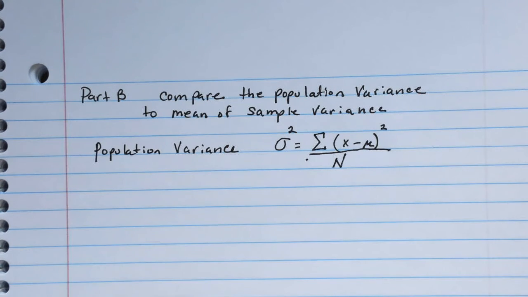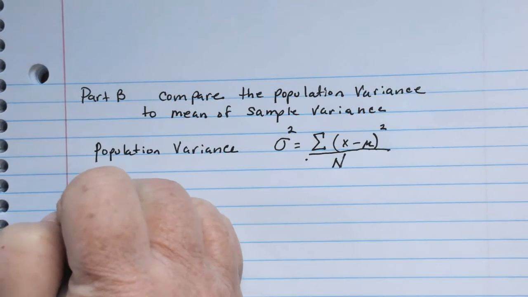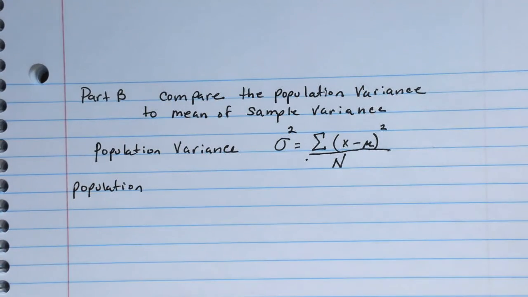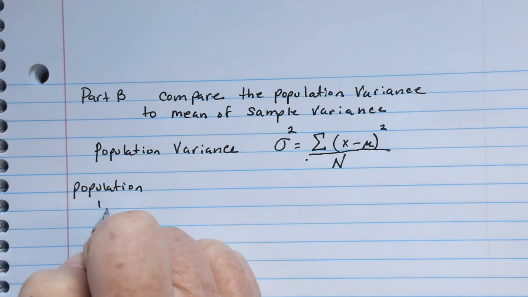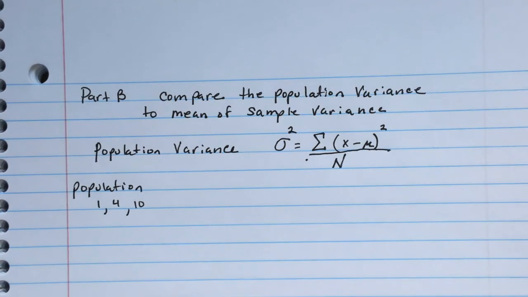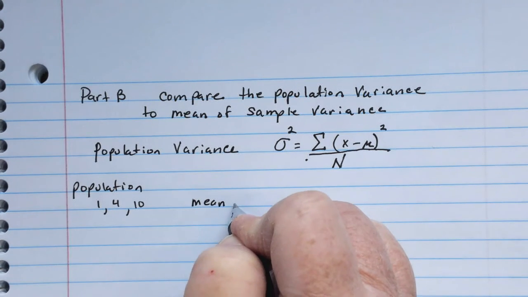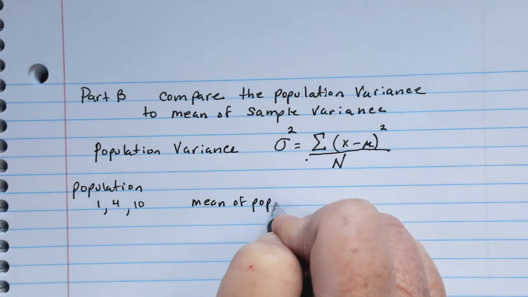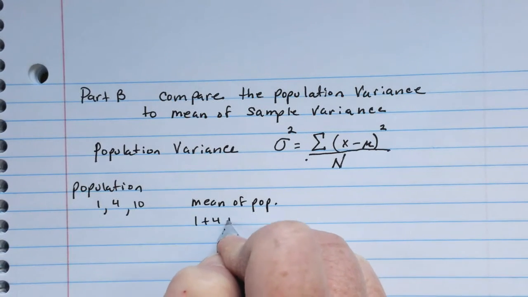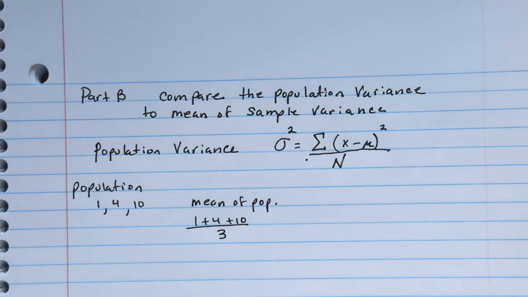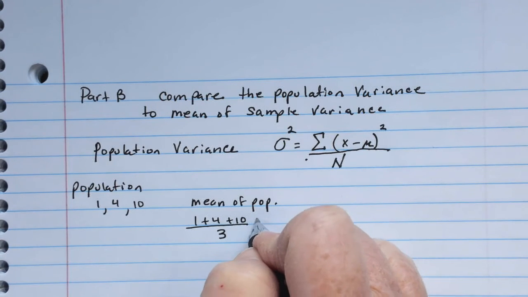So if you recall back in the problem, our population was our 3 original households that were sampled, which is 1, 4, and 10. So the first thing we need to do is get the mean of our population. 1 plus 4 plus 10 divided by 3. That's 15 over 3, which is 5.